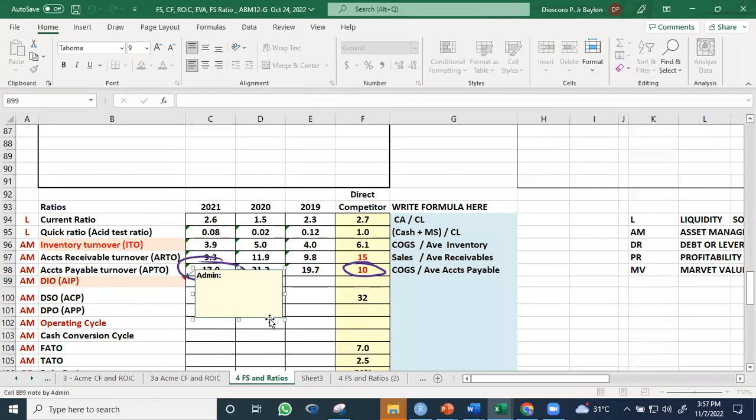Note na lang. Okay. So, DIO is equal to days inventory outstanding.